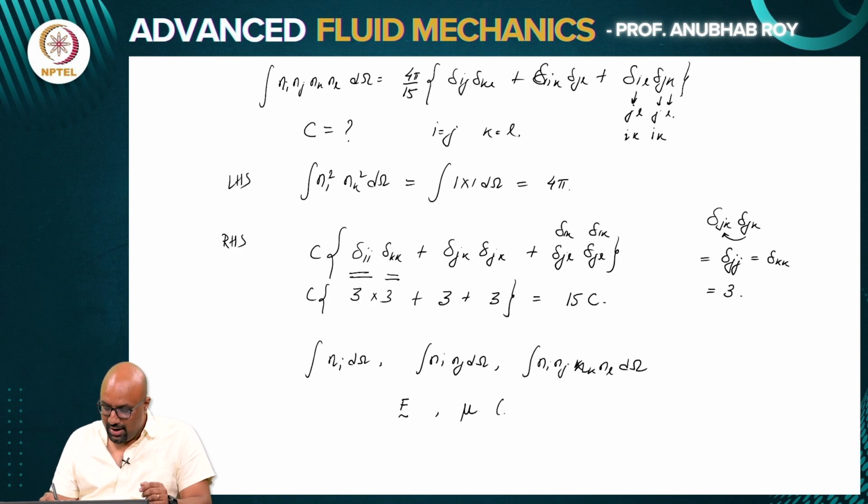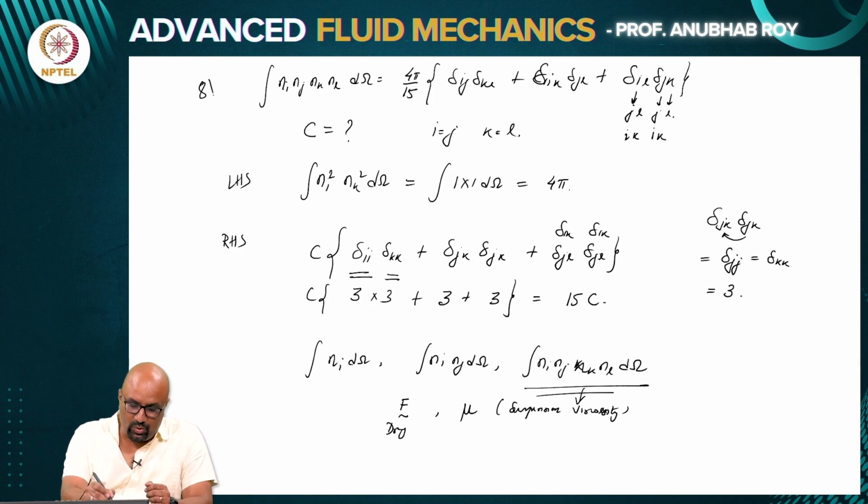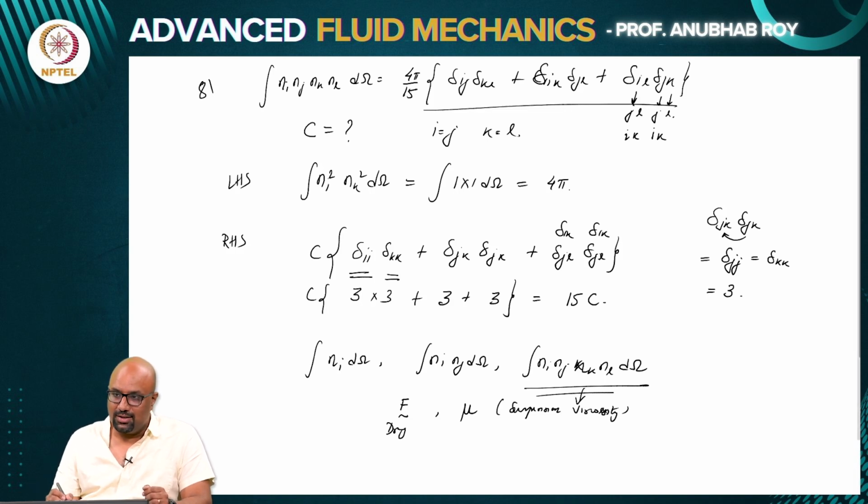So, when you are trying to find suspension viscosity, or when you are trying to calculate the drag or the forces on the object, that's when you will encounter integrals like this. So, we are not yet there to do any calculation of that sort. This is the suspension viscosity we are not going to touch upon, but these are the higher order unit normal integrals, where instead of doing those integrals explicitly, which would have been quite an arduous process, instead of doing those 81 integrals, you can quickly just come up with this answer.